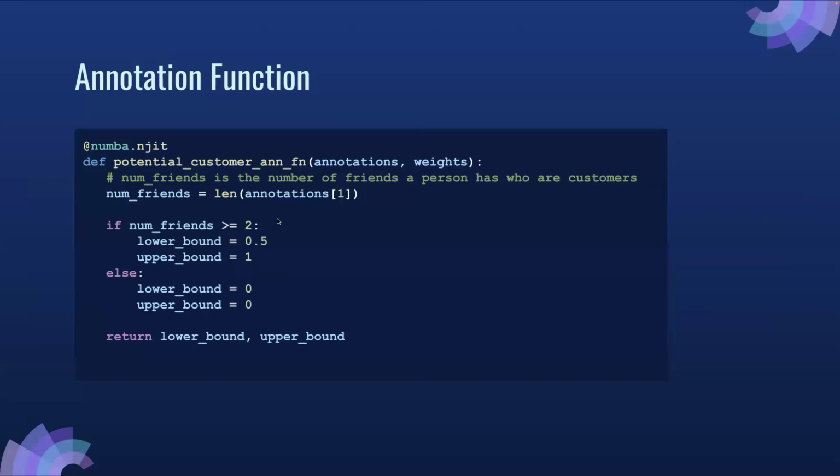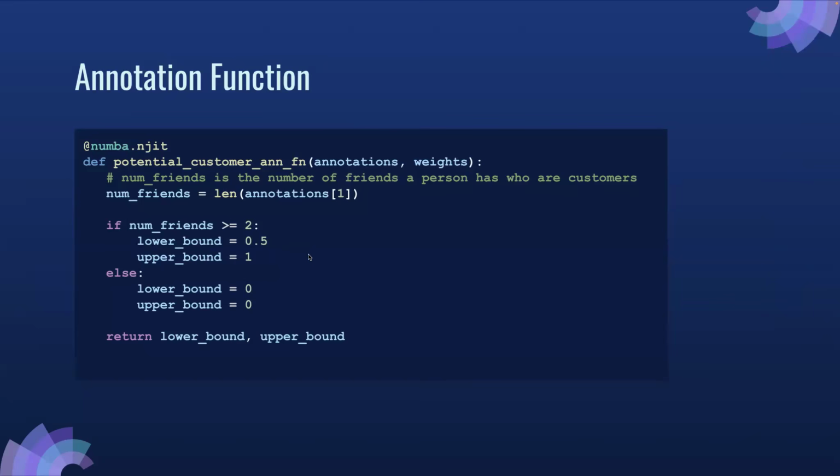That's going to be the number of friends that a given person has who are also customers. If a person has at least 2 friends who are already customers, then we're going to set their annotated bound to be 0.5 as their lower bound and 1 as their upper bound. Otherwise, meaning that they have 1 or fewer friends who are already customers, their bounds are going to be set to 0, 0. That is how that annotation function works.